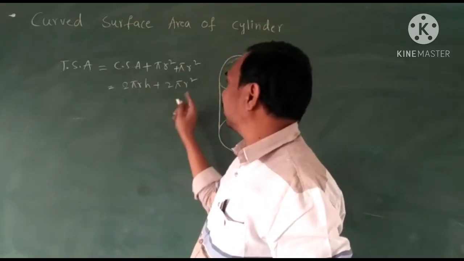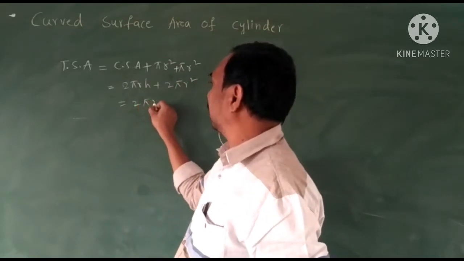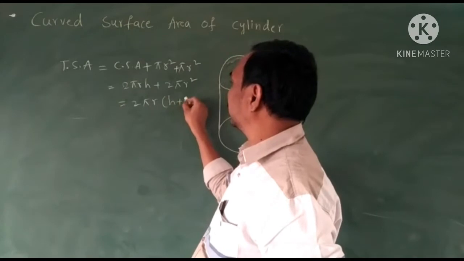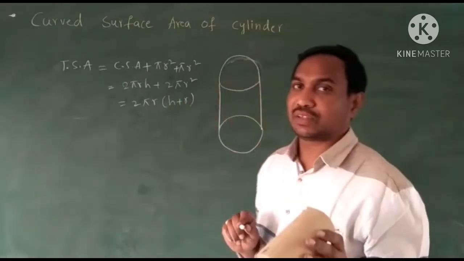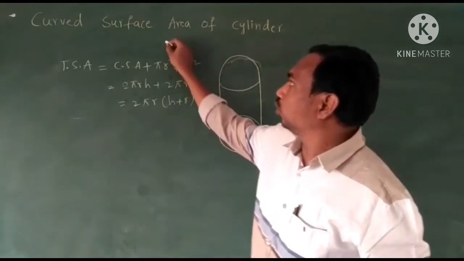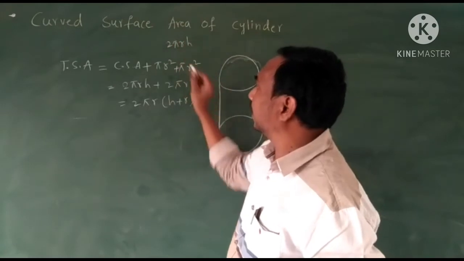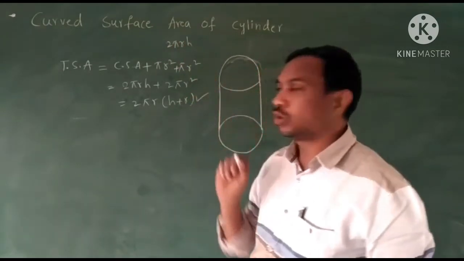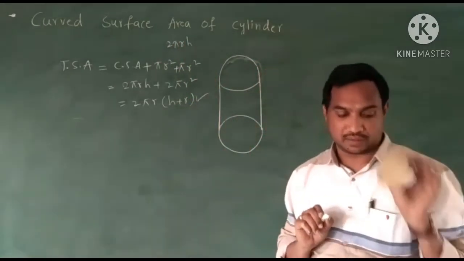Here 2 pi r we can take common: 2 pi r into h plus r. So the curved surface area of the cylinder is 2 pi r h, and the total surface area of the cylinder is 2 pi r into h plus r.